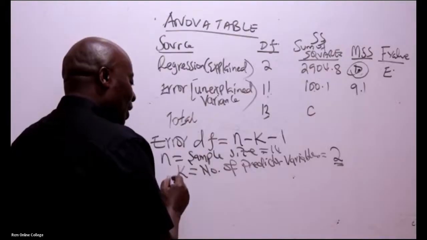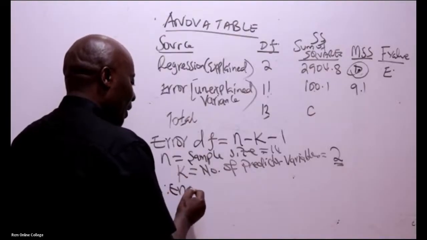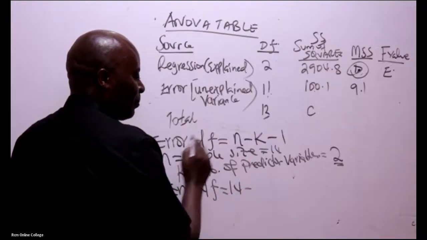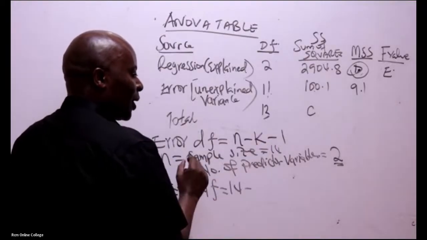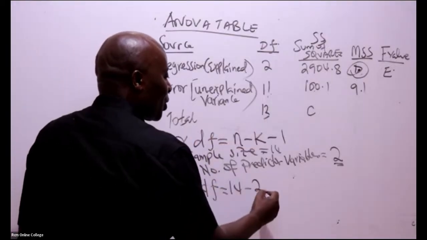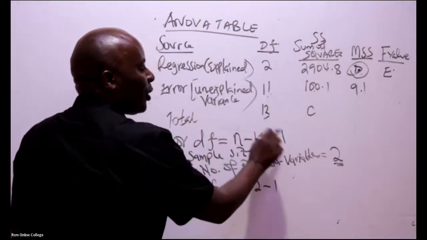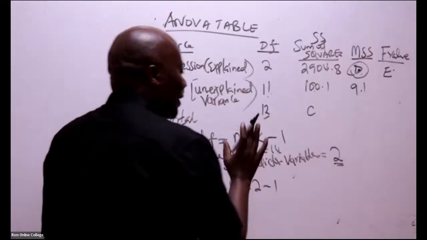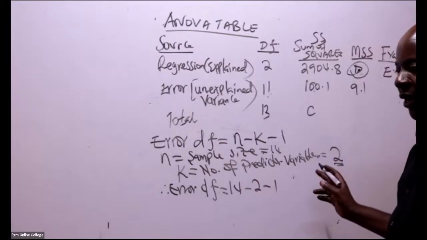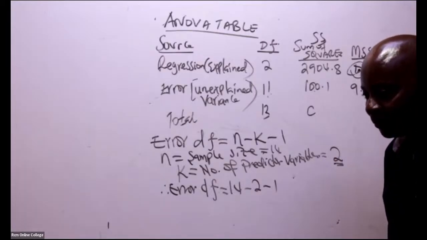So the error df will be the sample size 14, minus k, which is 2, minus 1. Don't ask me where that 1 is coming from; it's important to just cram it that way. So 14 minus 2 minus 1 will end up giving us what here?